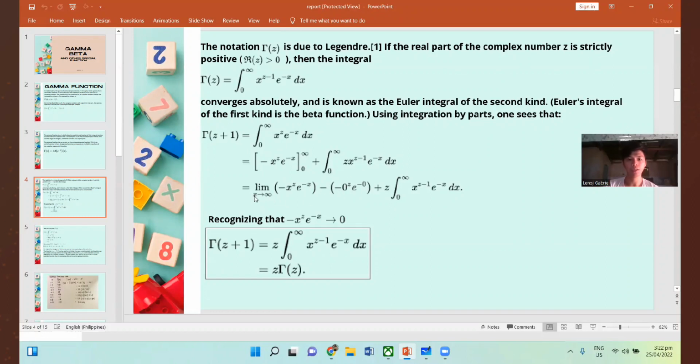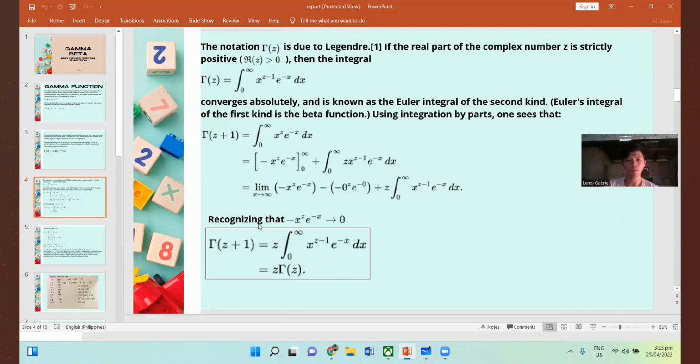So the limit as x goes to infinity of negative x raised to z times e raised to negative x, minus negative 0 raised to z times e raised to negative 0, plus z times the integral from 0 to infinity of x raised to z minus 1 e raised to negative x dx.